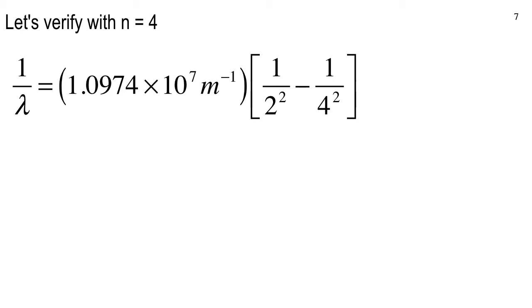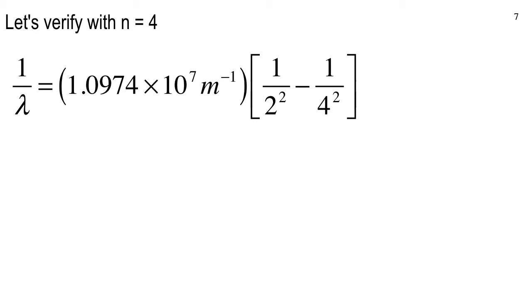Okay? On the left side of the equation, 1 over lambda is going to be 1 over a distance, so that's 1 over meters, or meters to the minus 1. So the Rydberg constant has got to be some number of meters to the minus 1. All right? Now, let's do that fraction inside the square brackets.